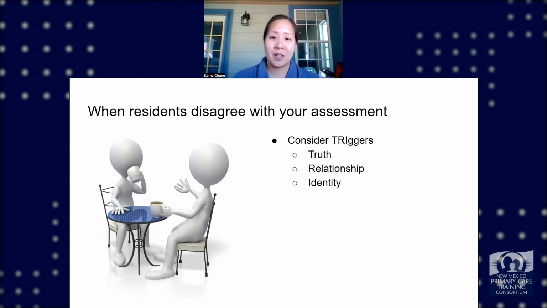I don't know what you're talking about. I see myself as an educator. That's one of my core values as a human. Then what you're sharing may completely not jive, disconnect, and actually be antagonistic to their self-view, right? And so that's just something to consider, that usually if somebody is completely disagreeing with what you say, it's going to be one of these types of things to think about.